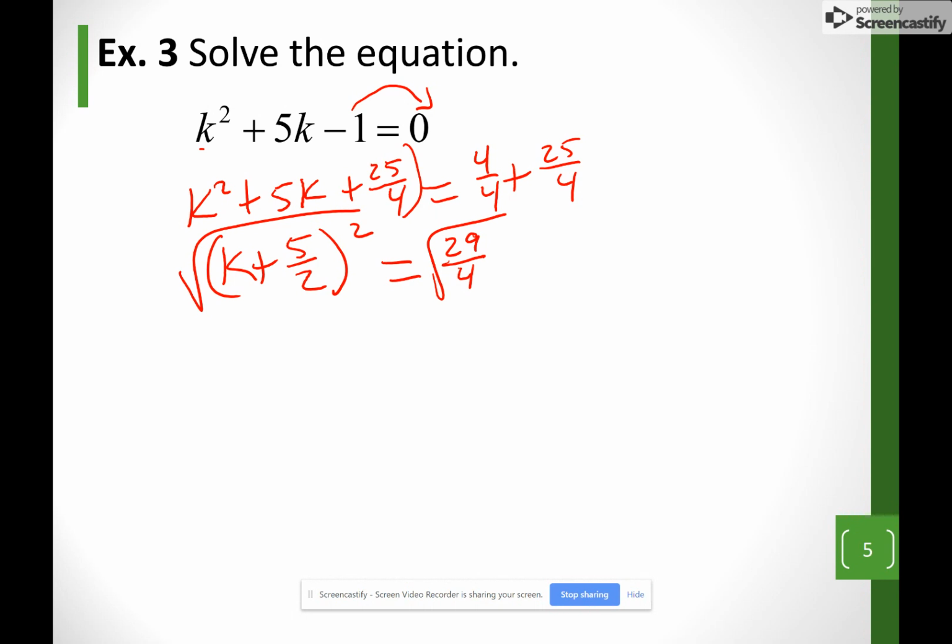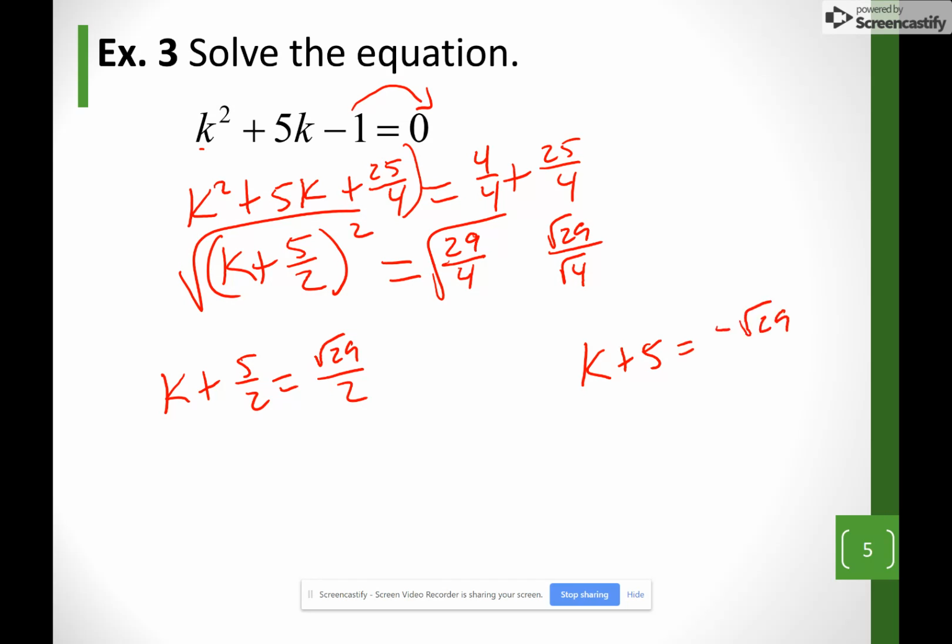So I'm going to get that k plus 5 over 2 equals the square root of 29 over 4, which can also be seen as the square root of 29 over the square root of 4. So I'm going to call that radical 29 over 2. And I also get that k plus 5 over 2 is equal to the negative radical 29 over 2.